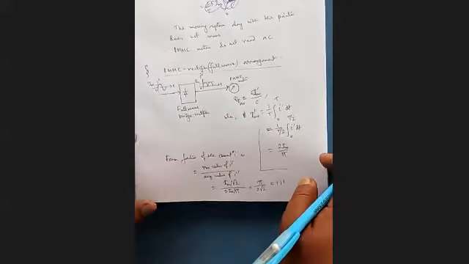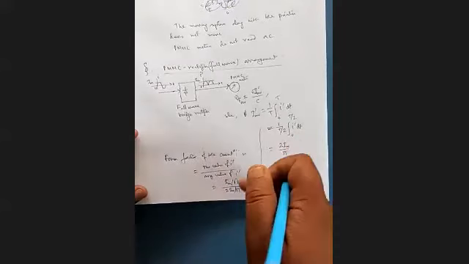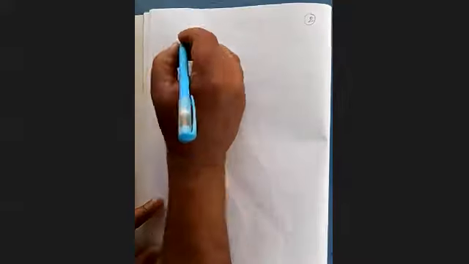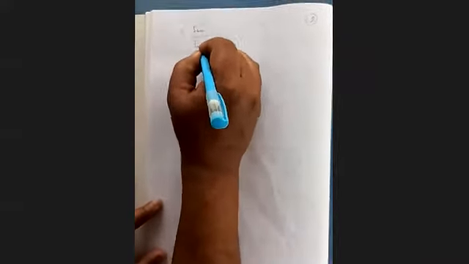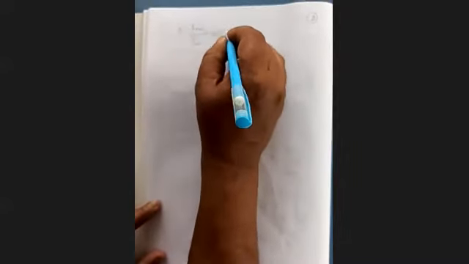Therefore, I RMS dash by I average dash equals 1.11.